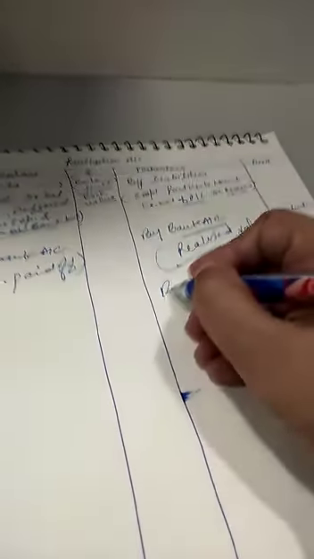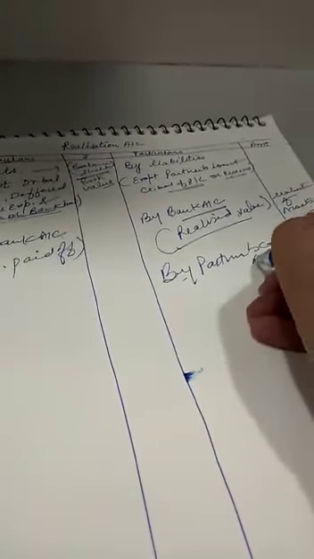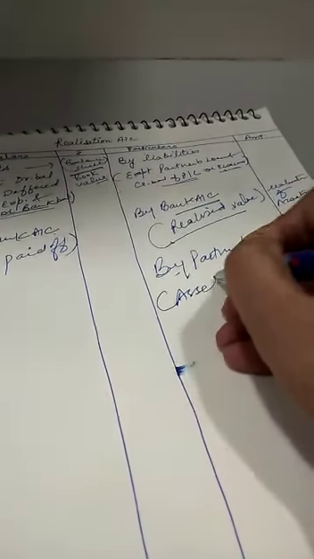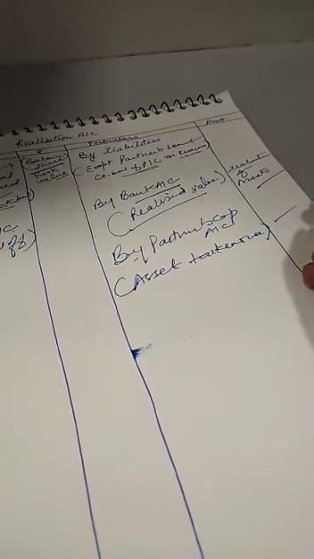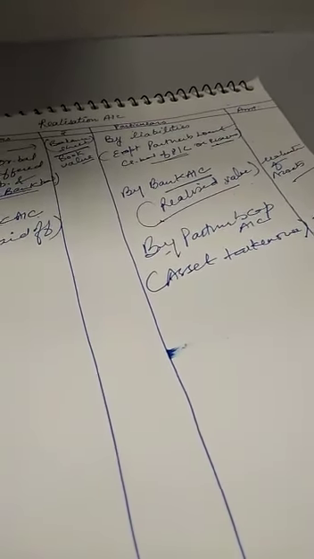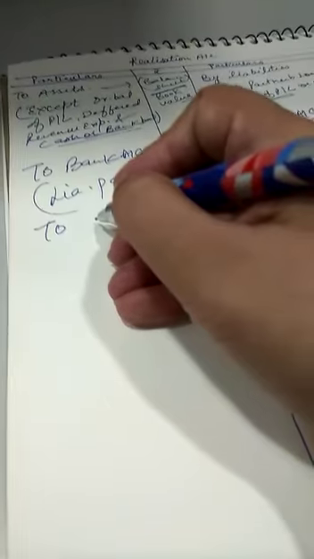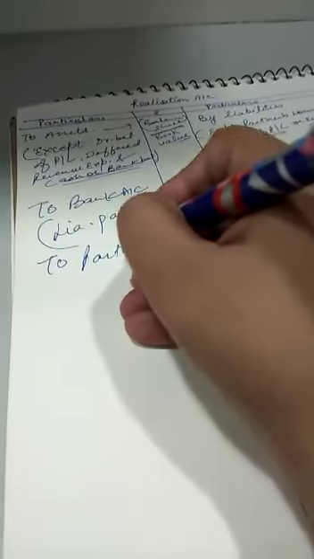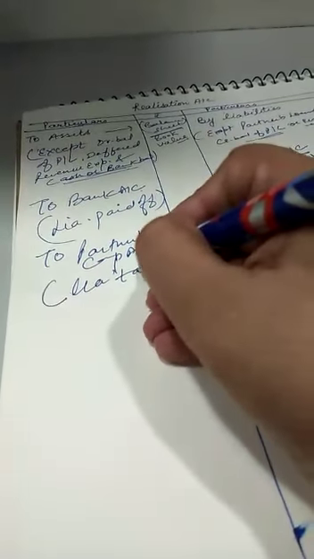If any partner takes over an asset, the entry will be by partner's capital account, and at which value he is taking over, it is to be shown in the amount. If any partner commits that he will pay off a liability, the entry will be to partner's capital account. For which purpose? For the liability taken over.